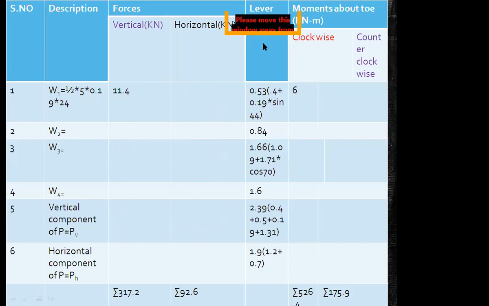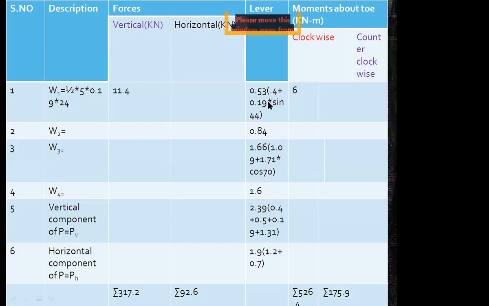Next we need to mention the lever arm. So why do we need the lever arm here? See, in the factor of safety formula against overturning, we need to calculate the moments, right?